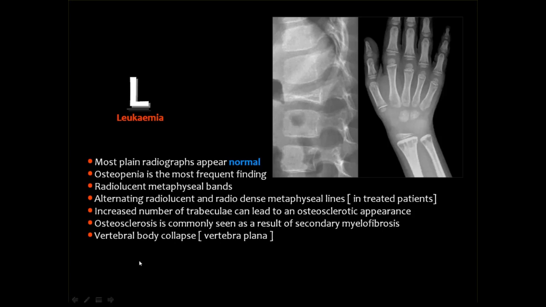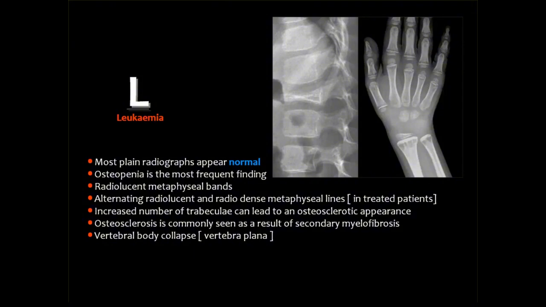Even more, in patients with leukemia, the plain films may appear totally normal. Then, one may say, how can I reach the diagnosis? The diagnosis is already settled after blood analysis and sternal puncture.